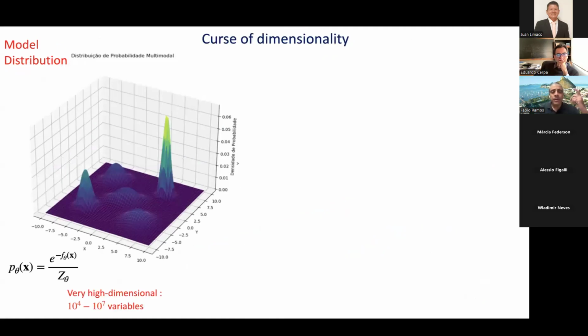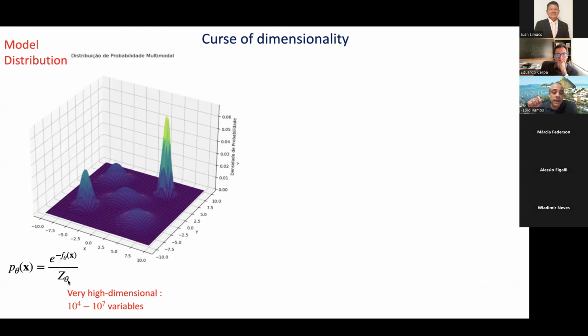What's the problem? The problem is that to approximate the original distribution, you have to do some maximum likelihood optimization strategy. So you parameterize with some parameters theta, and then you have to maximize the likelihood of this probability. And then the problem is that you have to calculate this Z theta, the normalization of the probability distribution.